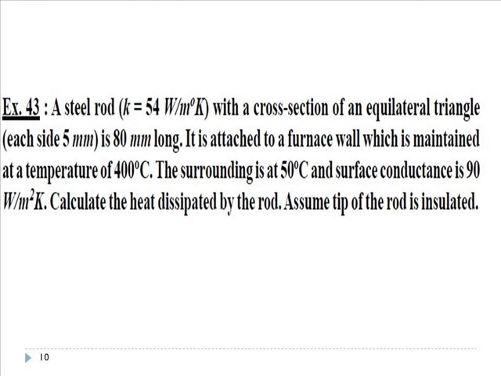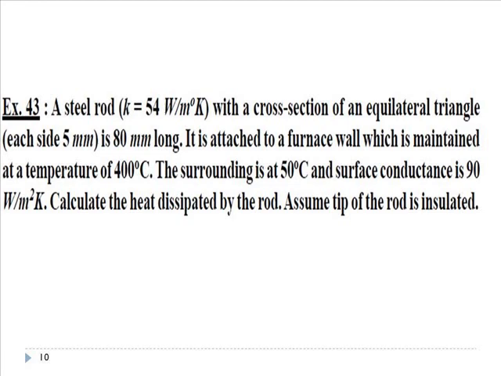The steel rod is given with its thermal conductivity, the cross section is an equilateral triangle with side dimensions given, the length of the fin is given, it is attached to the furnace whose temperature is given, the surrounding temperature is given, and the convection heat transfer coefficient is given. We just have to find the heat dissipation Q from the fin.